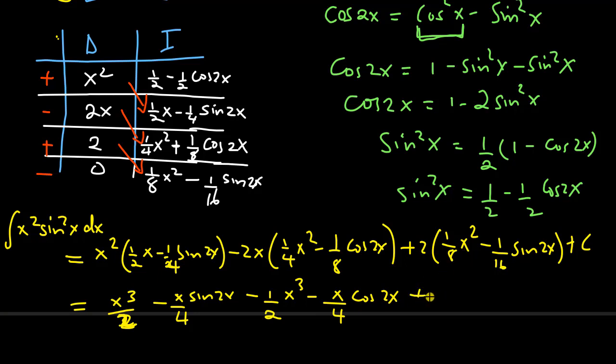Here we are now, plus x squared over 4 minus 1 over 8 sine 2x.